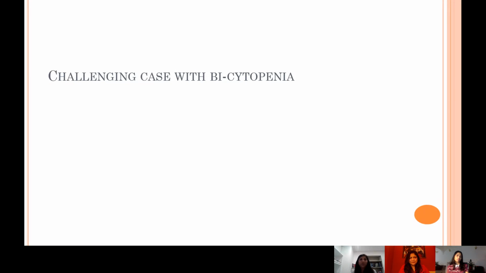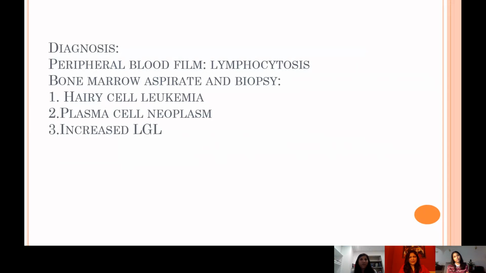This was quite a challenging case because first of all, there was pancytopenia, and then lymphocytes had different morphology and different phenotype. So flow cytometry was very sensitive and very helpful in this case. Based upon everything altogether, the diagnosis was rendered as peripheral blood film lymphocytosis, bone marrow as hairy cell leukemia, plasma cell neoplasm, and increased LGL.